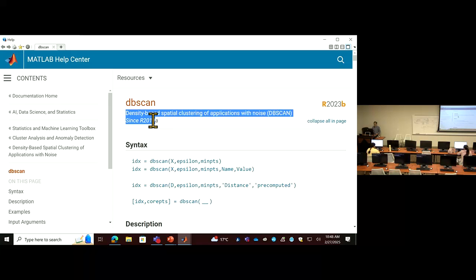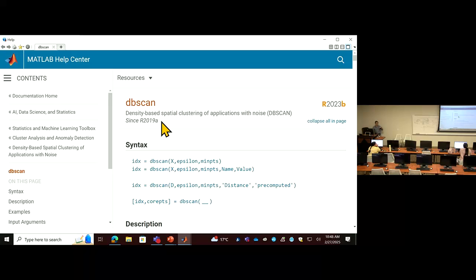So this function, if you look at the documentation, is since R2019a. Compared to many other functions, this is a relatively new function. It has been introduced into MATLAB since the release of the 2019 version.